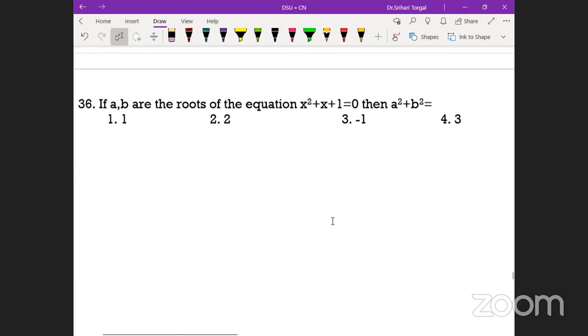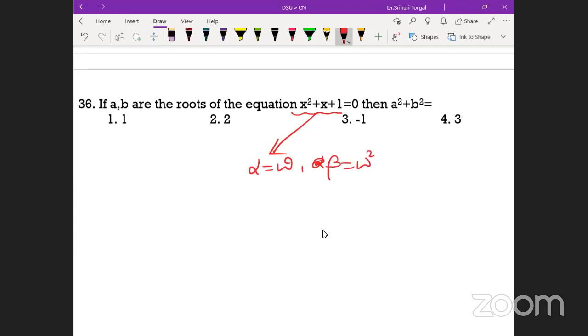Next question. If a and b are the roots of the equation x square plus x plus 1 equal to 0, then a square plus b square is. I told you in the previous class, if you see this equation, one root is omega and another root is omega square.